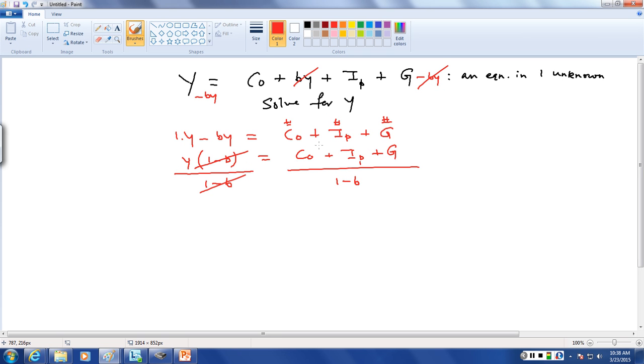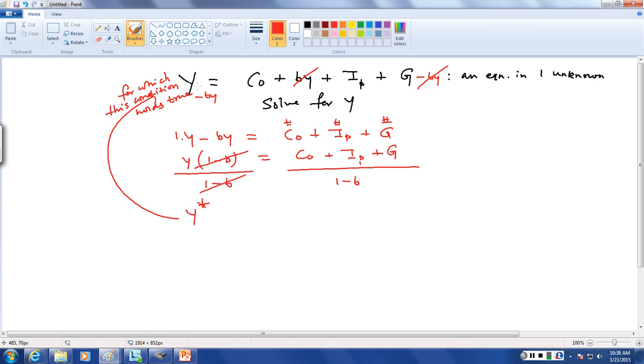Yes? So in the end, we are left with Y is equal to this stuff here, but I'm now going to write that Y as Y star, because that is the Y for which this condition holds true.